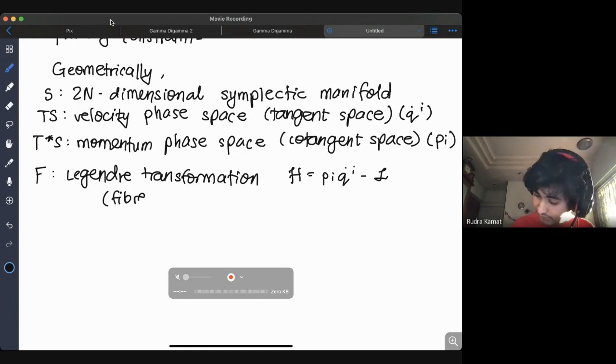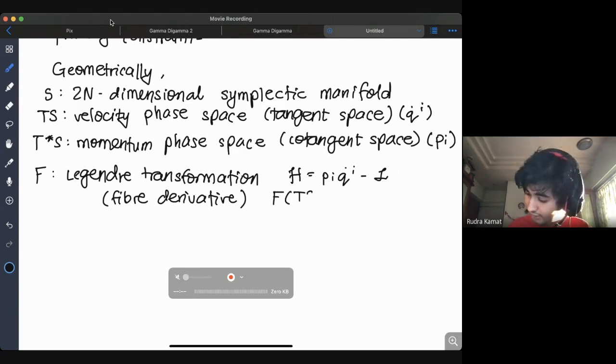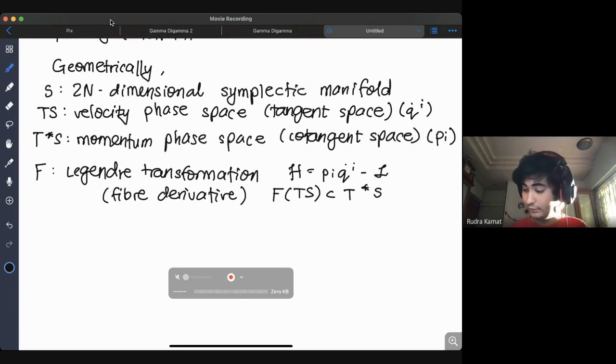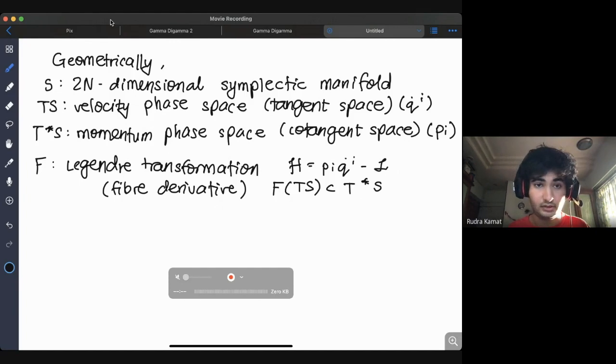Mathematicians like to call it the fiber derivative. F or FL of TS gives us a subset of T star S. It will be the entire T star S if the Legendre transformation is invertible. In a general case, it will just be a proper subset.